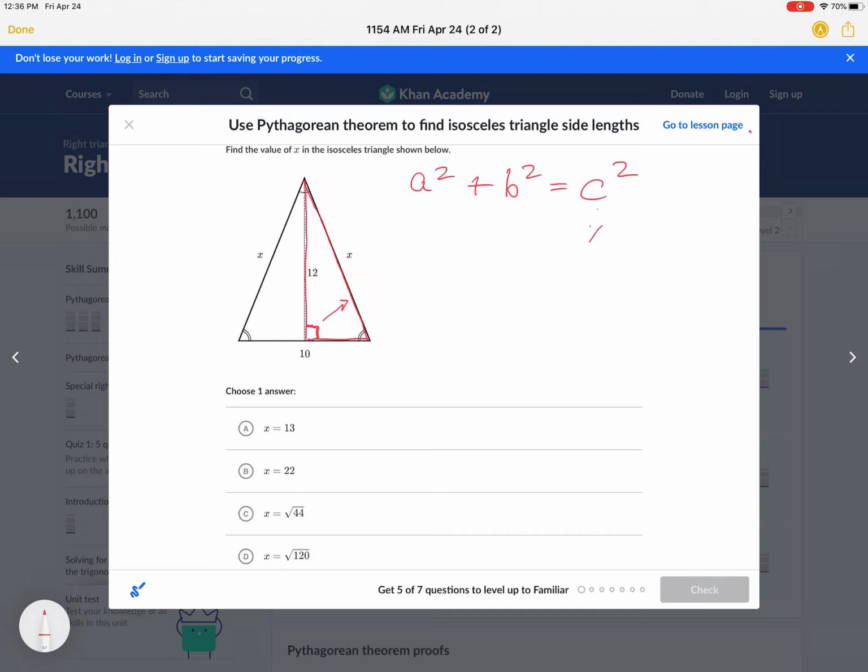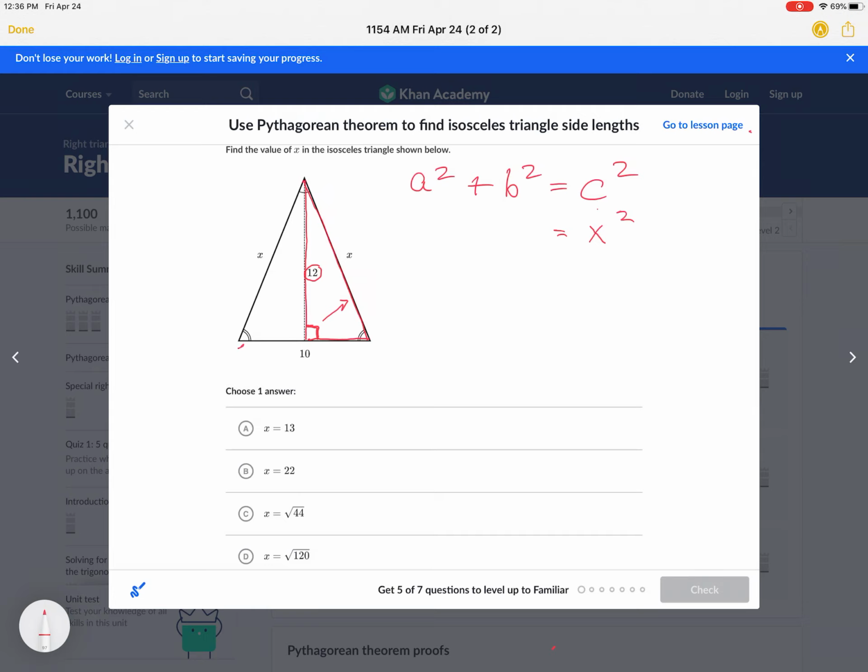So C is actually x. I'm going to come down here and write x squared, putting the x in place of C. As far as what A and B are, I know that one of my sides is 12. That can be either A or B. That's your choice. One of my sides, I don't exactly know the length.